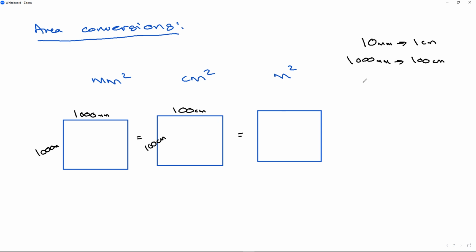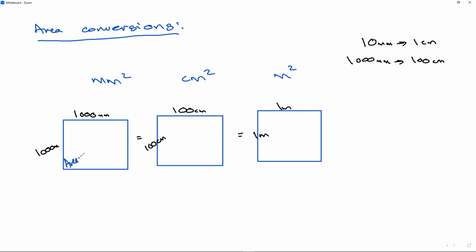Okay? And if you're going to go to meters, we know that if you want to convert from millimeters to meters, just divide by 1,000. So that's 1 meter by 1 meter. And if I want to calculate the area for each of these, I just have to multiply length times breadth.